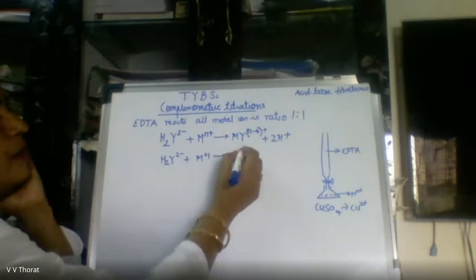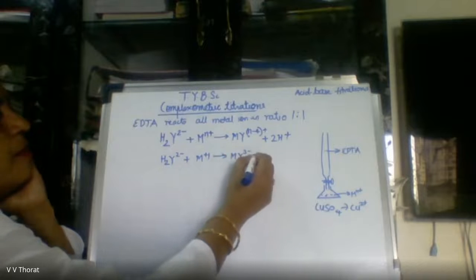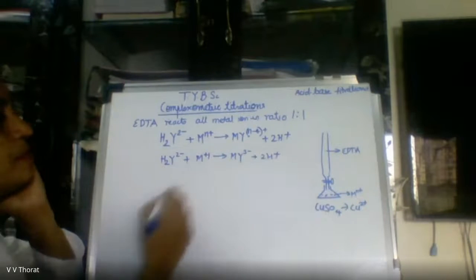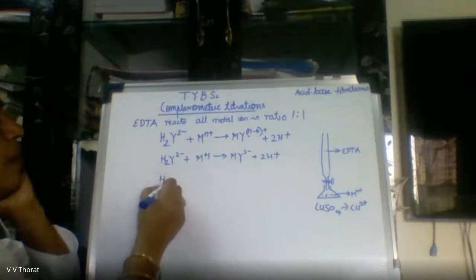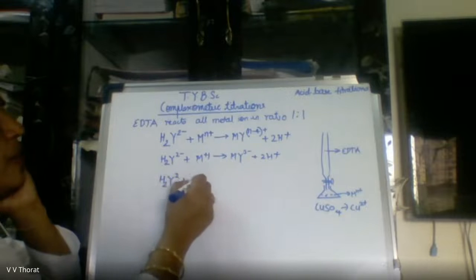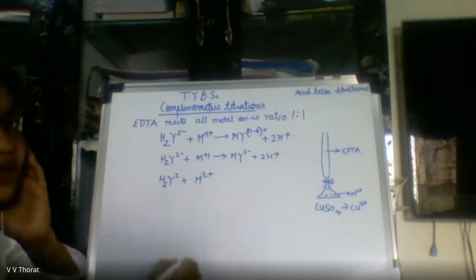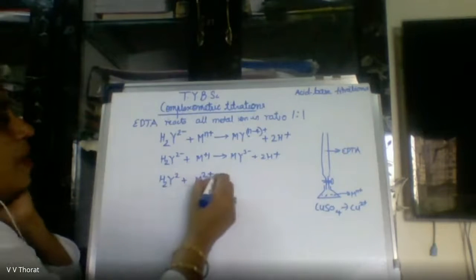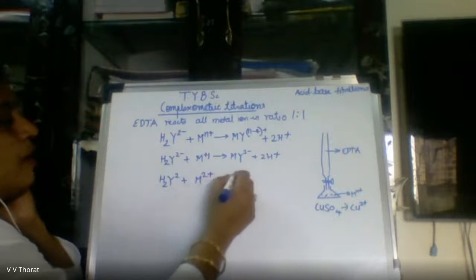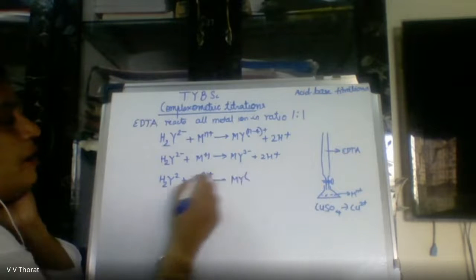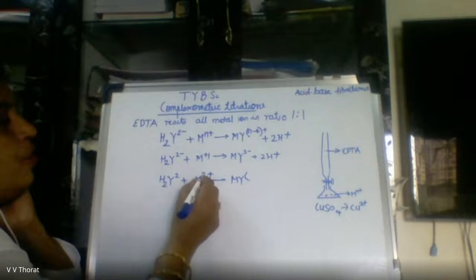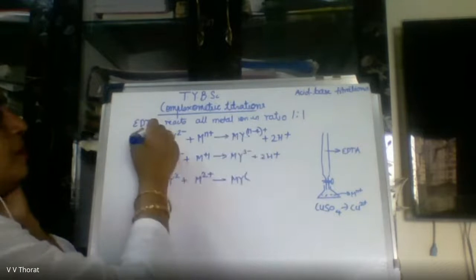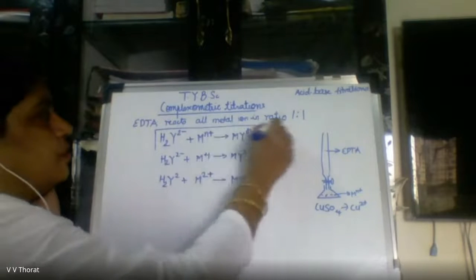Plus 1 minus 4 is minus 3, plus 2H plus. Similarly, if I take a divalent metal ion such as zinc, you get MY with n as 2. See, I am substituting this. This is a general reaction which is derived.